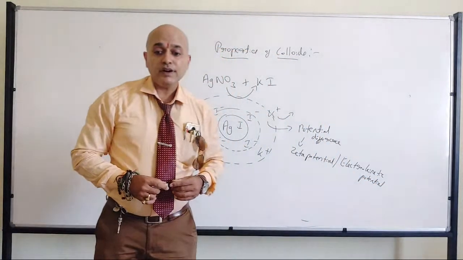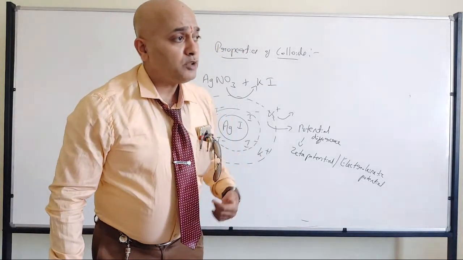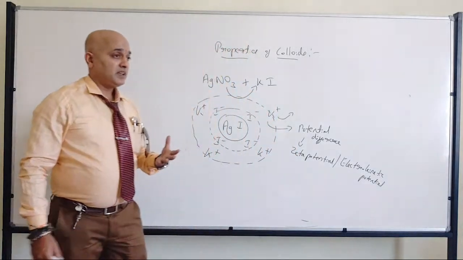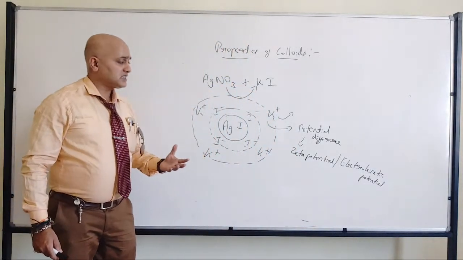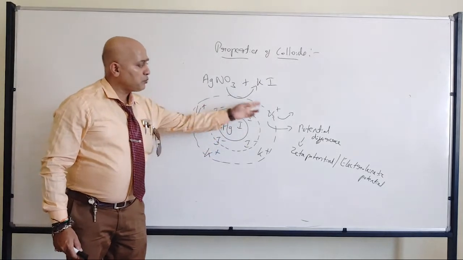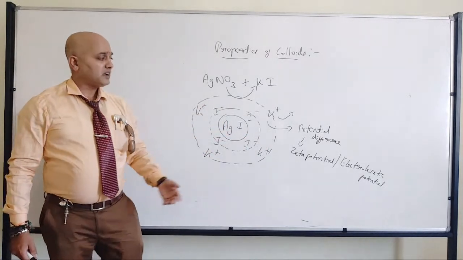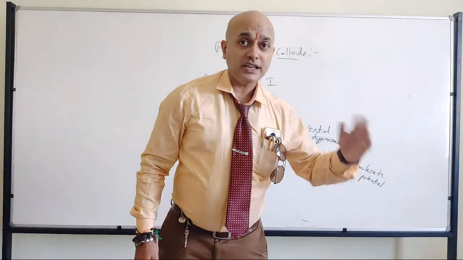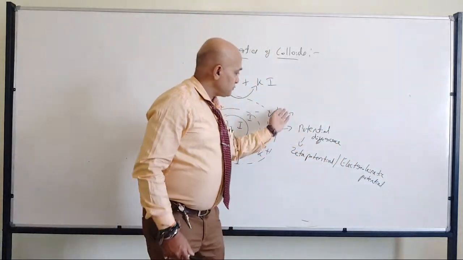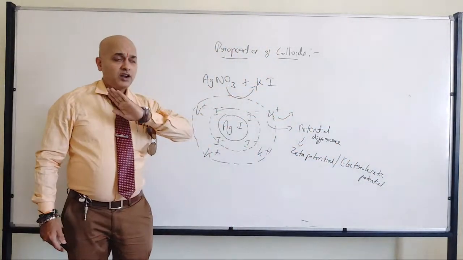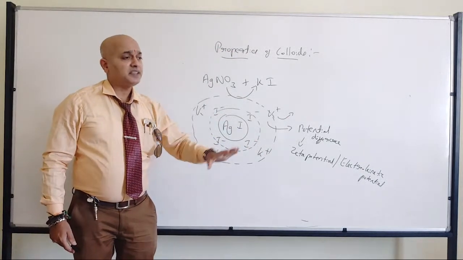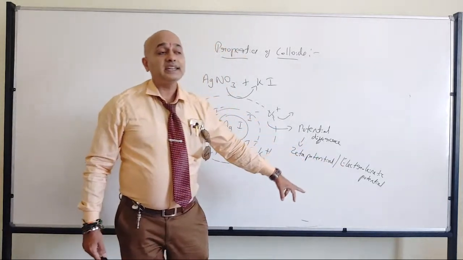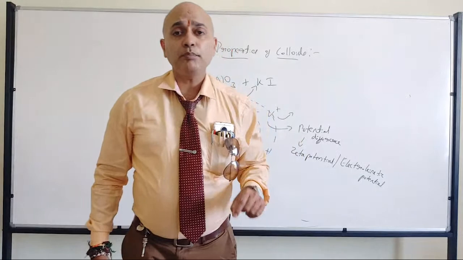Now if someone asks what you mean by zeta potential: it is the potential created in a colloidal solution due to the static charge and movable charge around the colloidal particle. It is called kinetic because the counter ion is movable. They are not static, not exactly in that position. They will move here and there. Therefore it is called electrokinetic potential or zeta potential.